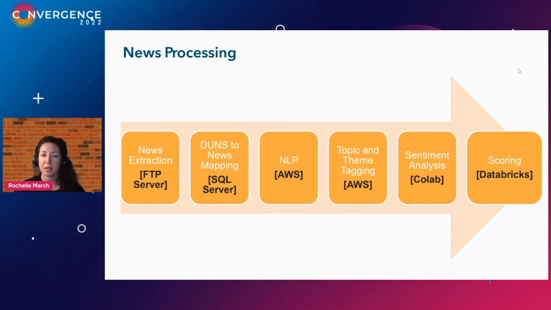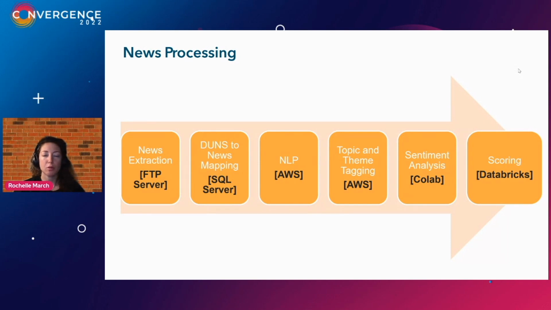And since everything in our global data cloud is organized by the DUNS, that is really our key indexing that we use. Then we use AWS to run the general text analysis and tag for certain topics and themes so we can identify them based on keyword. And then we move it over to Google Colab to complete the actual polarity and the sentiment analysis.